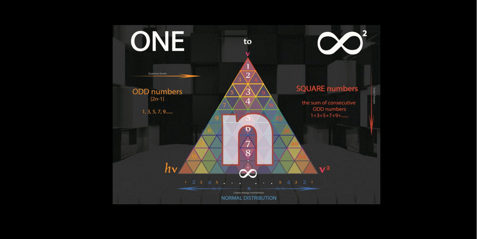And those quanta would again be the sum of odd numbers, or sequential odd numbers, from 1 to n, or n minus 1 to be precise, or infinity minus 1. So you add the numbers from 1 to infinity minus 1 and you'll sum up to infinity squared. These are all sort of things that Gauss played with when he was young.